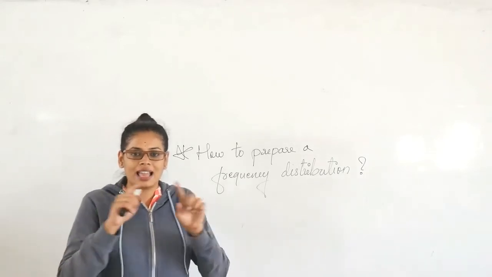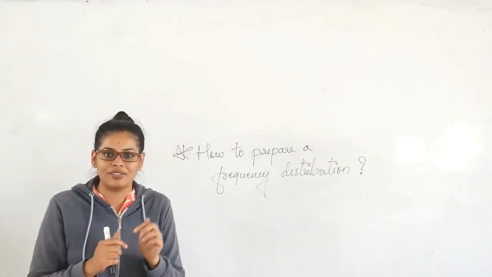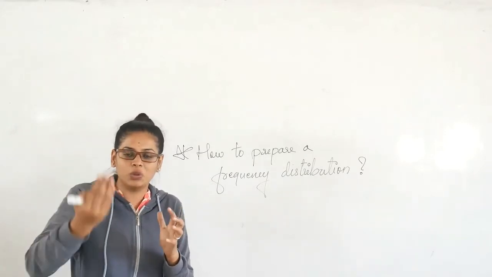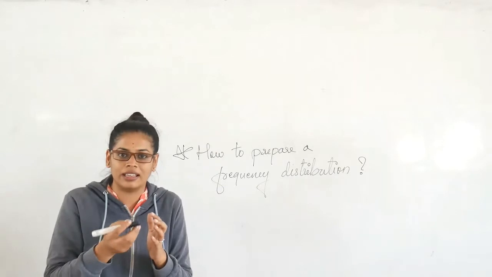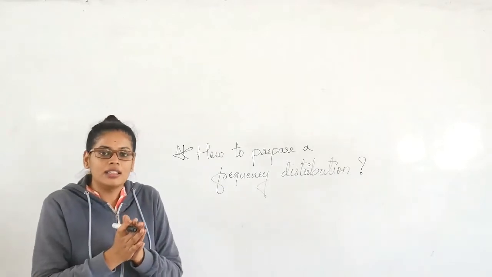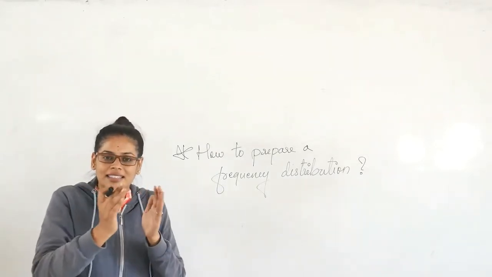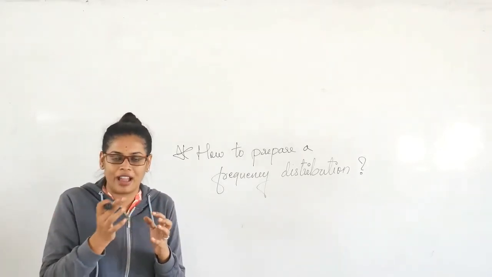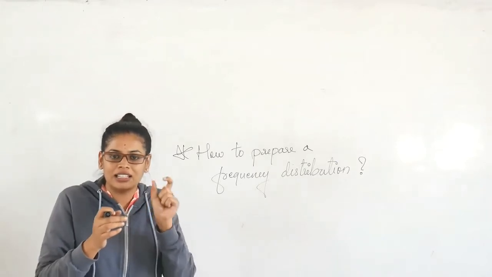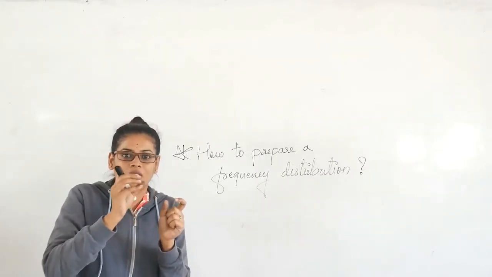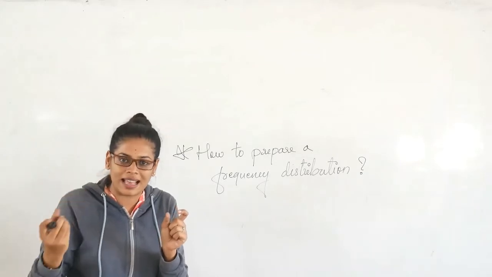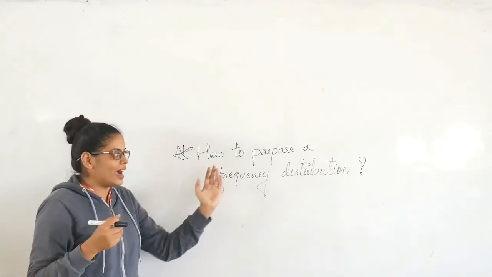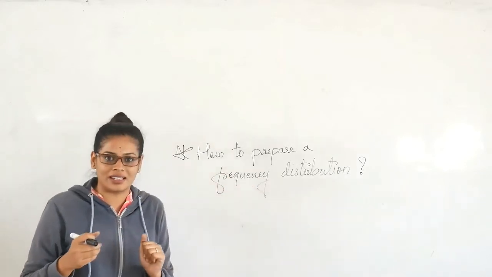In the previous class I had prepared a table wherein you have seen class interval, upper class limits, lower class limits, and how to find the class mark or the class midpoint, right? That was just for you to understand what a frequency distribution is, how the class interval looks like, what the upper class limit and lower class limit are, and how to calculate them. But now in this class we'll understand how to prepare this frequency distribution.